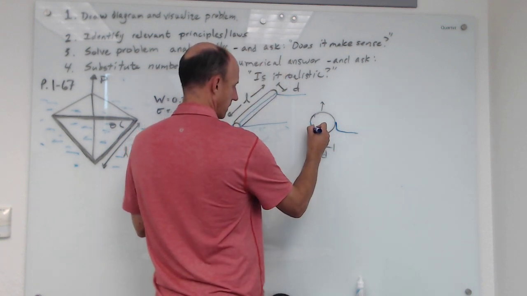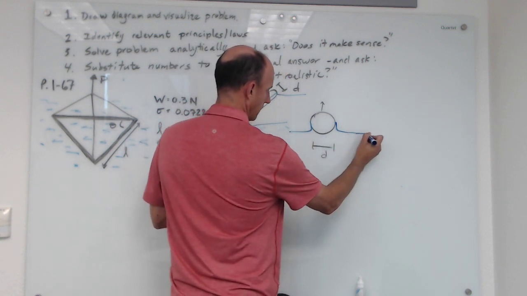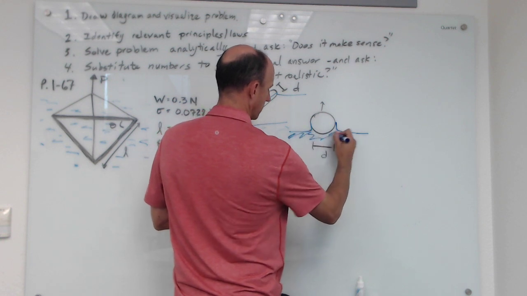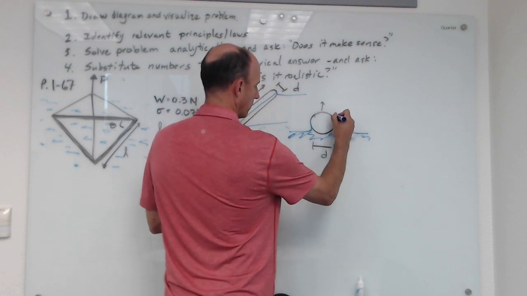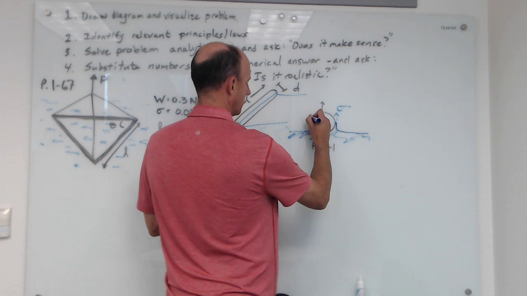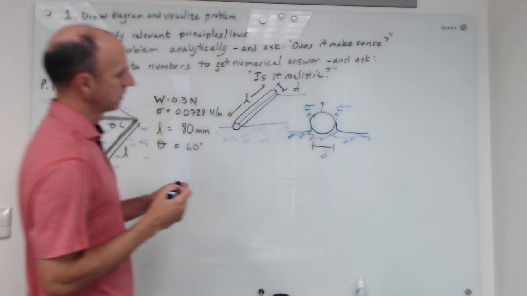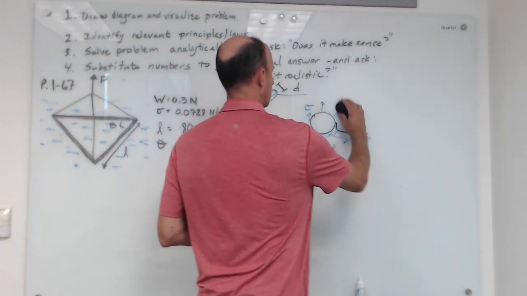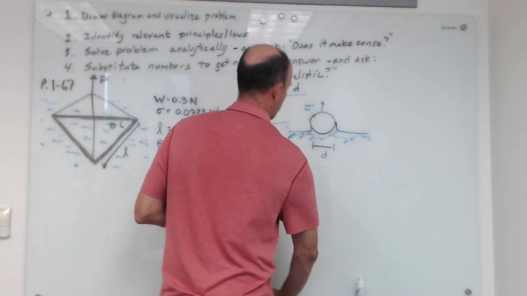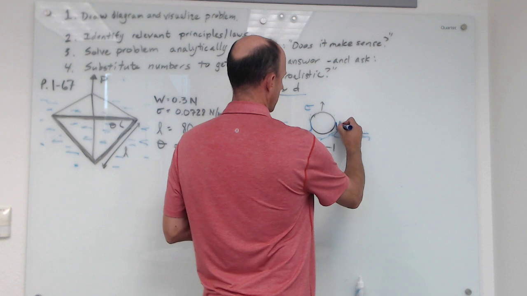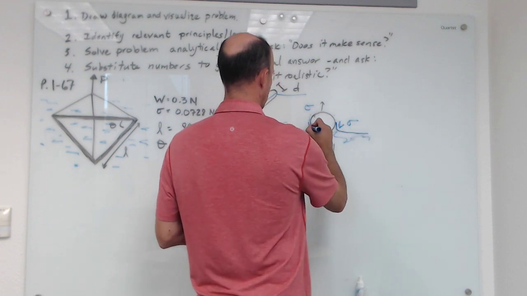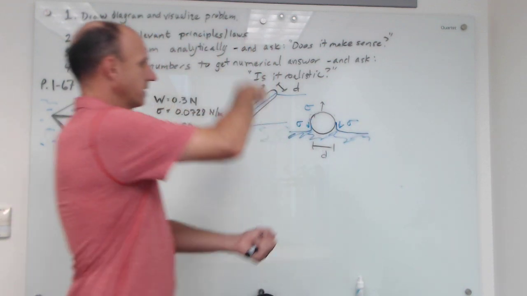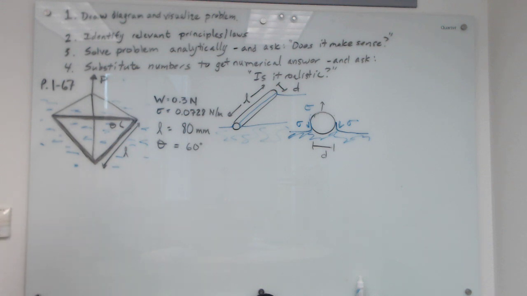Here's our liquid below. The force on the rod is down, so we'll write surface tension pulling down in that direction as we're pulling up on the rod.